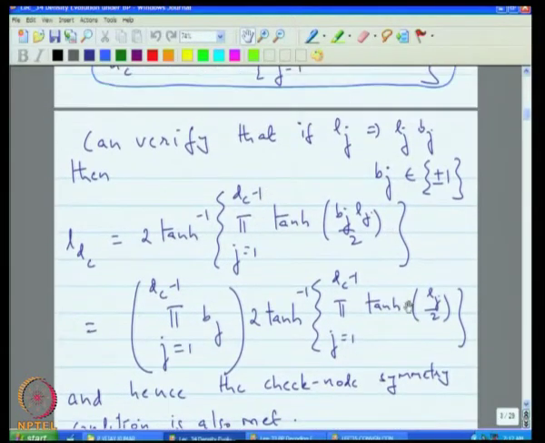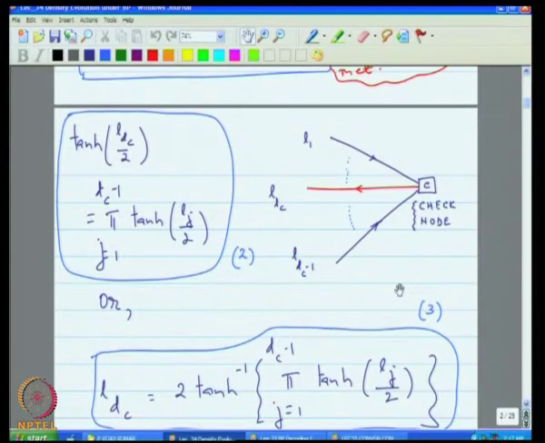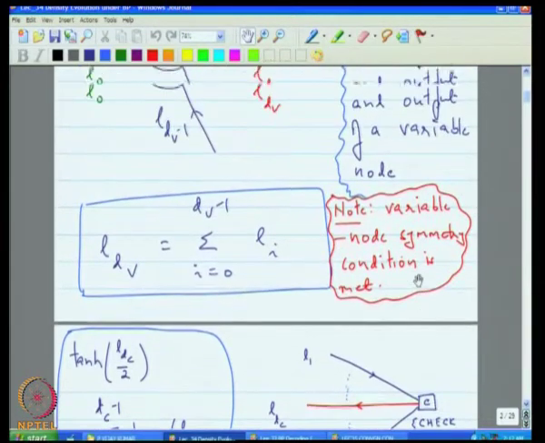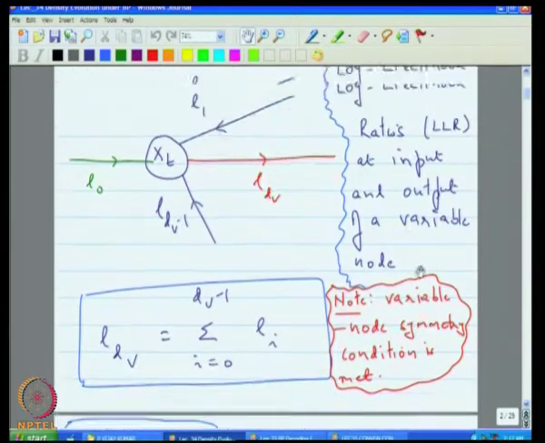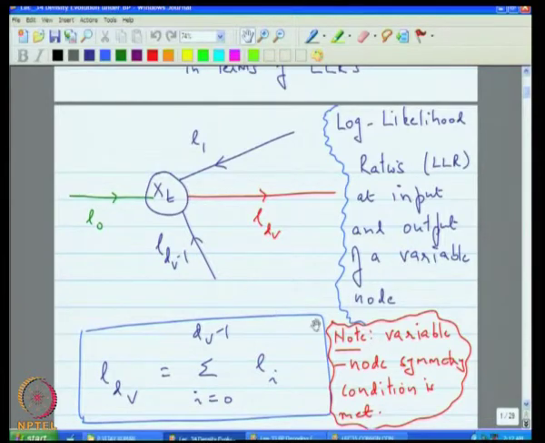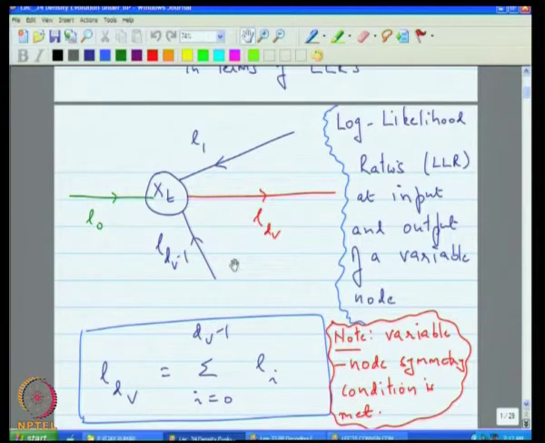And we verified that these message passing rules, as translated into log likelihood ratios, actually satisfy the two symmetry conditions that we had required: variable node symmetry and check node symmetry.